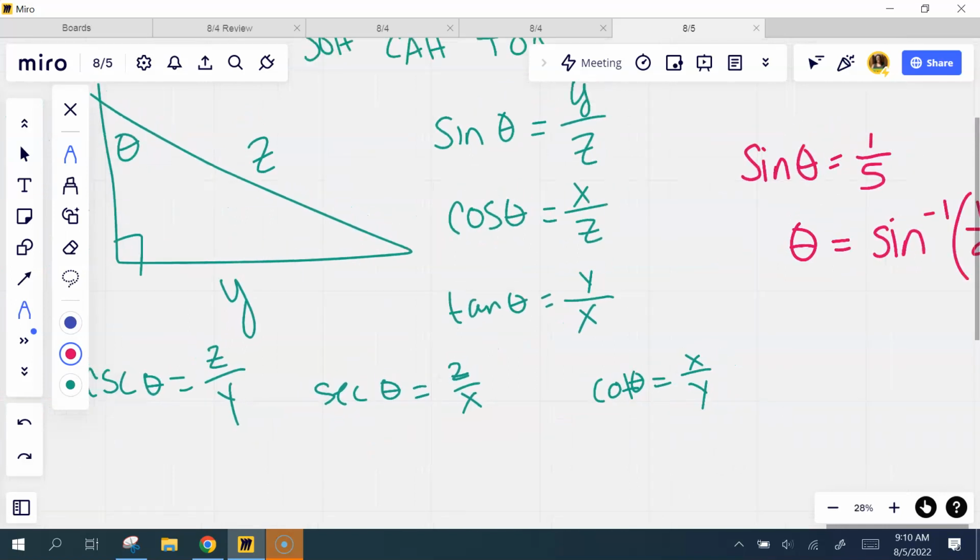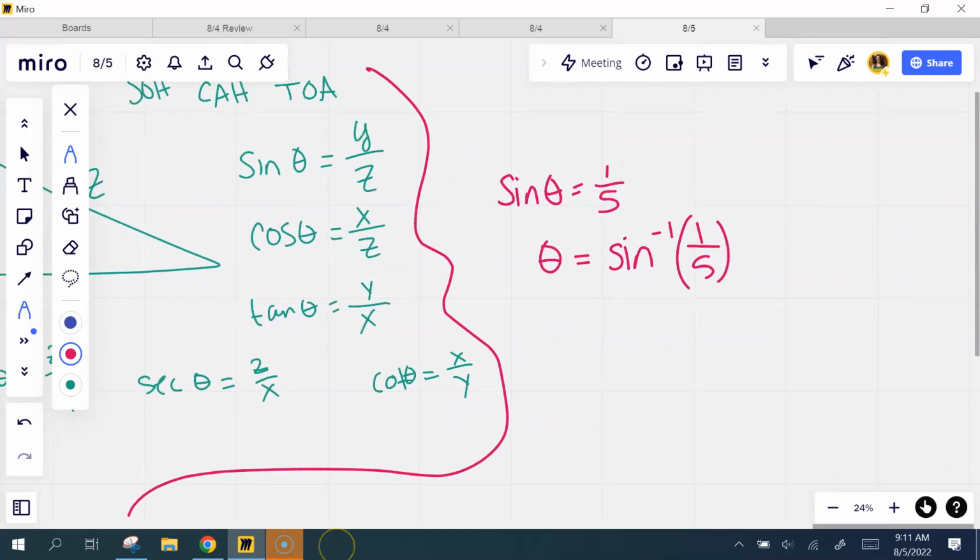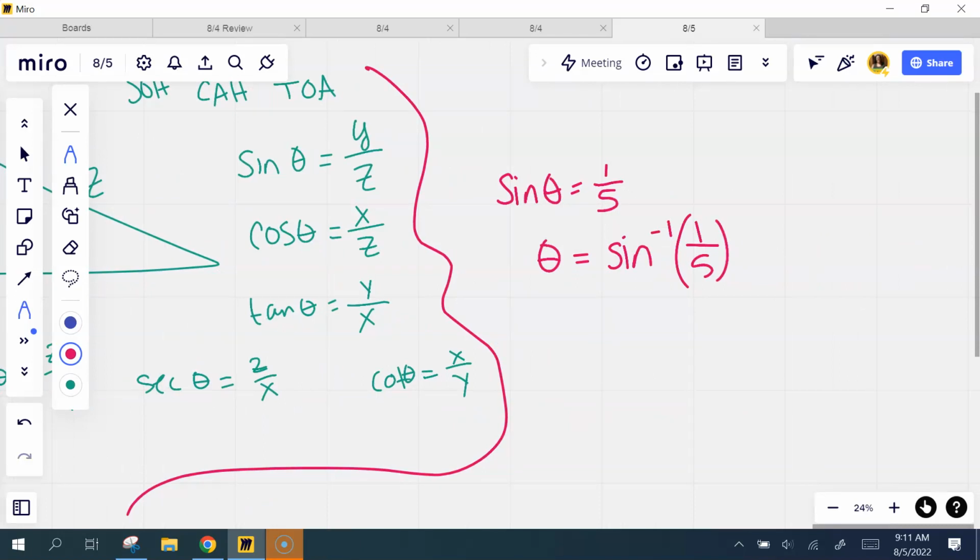Cosecant is the reciprocal of sine, yes. Are you talking about in the red or in the green? That's the inverse sine. So inverse and cofunctions are different. So cofunctions are reciprocal functions. Inverses, that's where we switch that x and y and we change things up, so they're a little different.